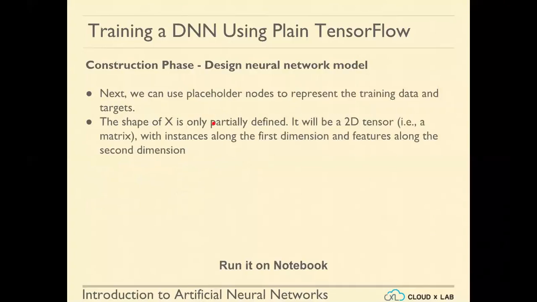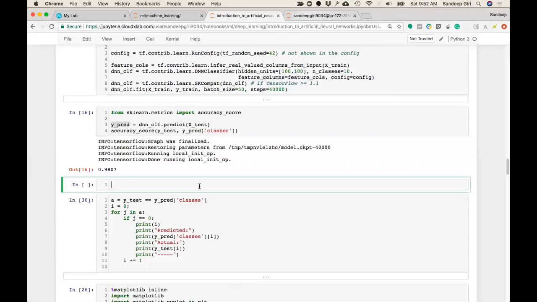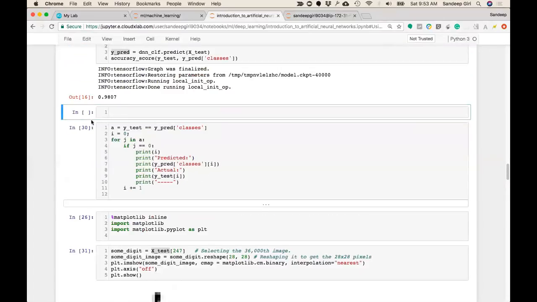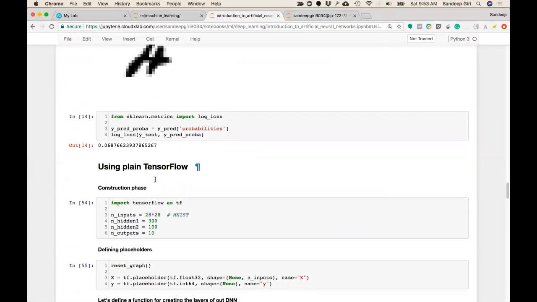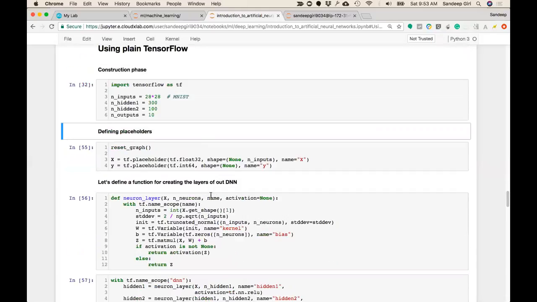Okay, so now let's go back to the neural network, the notebook. So let's try to run it. Okay, so let's first of all define these values. So this is, I hope, clear to you. Now, the next thing is, instead of feeding data now or defining X and Y, we are just defining them as the placeholder. So capital X and small y are the placeholder, right?